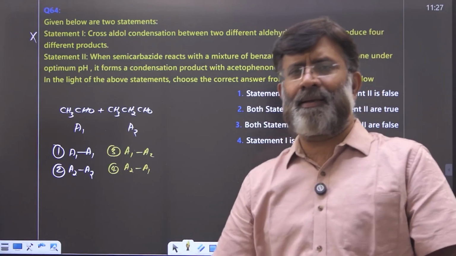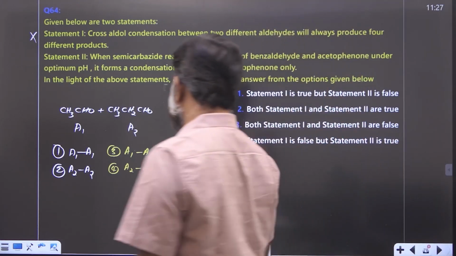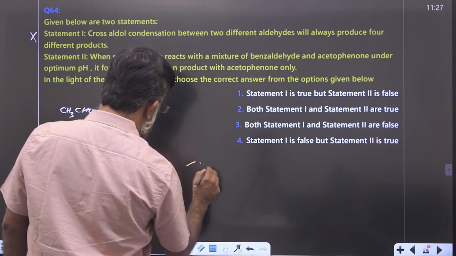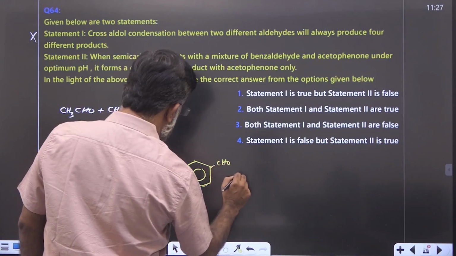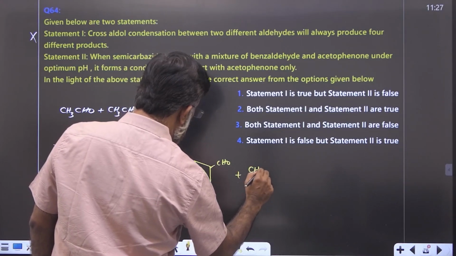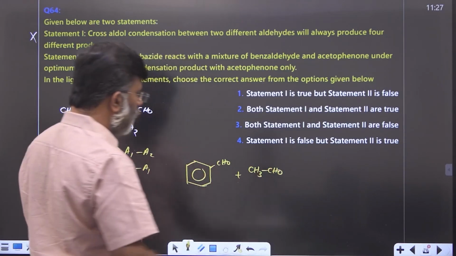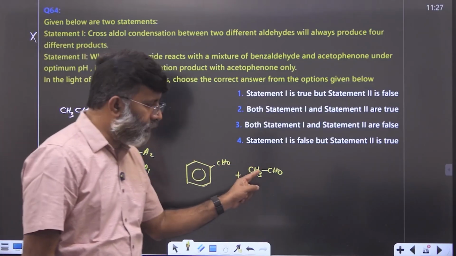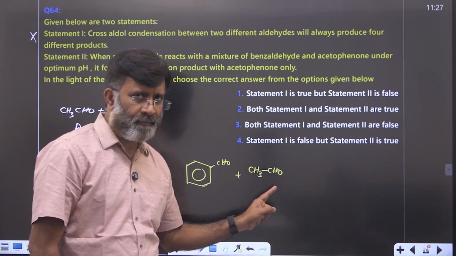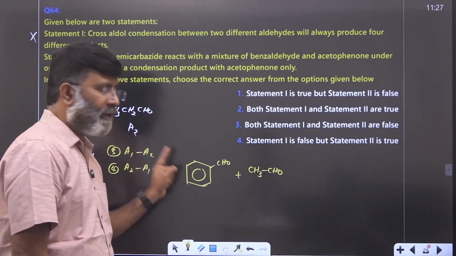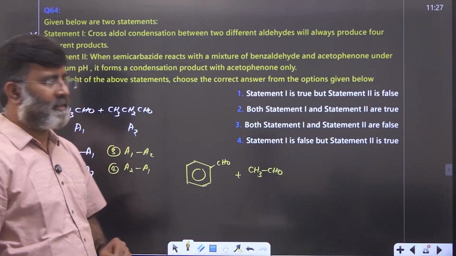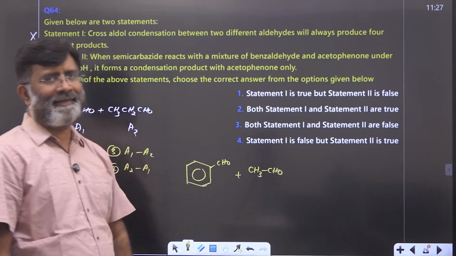But not necessarily always. Imagine you are dealing with a benzaldehyde and ethanal. You don't get 4 products. This can undergo self-condensation. This can attack this. But this cannot undergo self-condensation, or this cannot attack this.